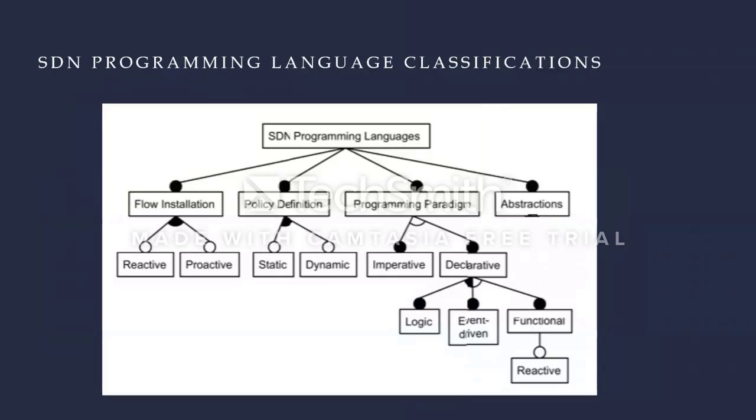And if you look at this diagram, this shows the classification of the SDN programming languages. It is classified under flow installation, policy definition, programming paradigm, and abstraction.